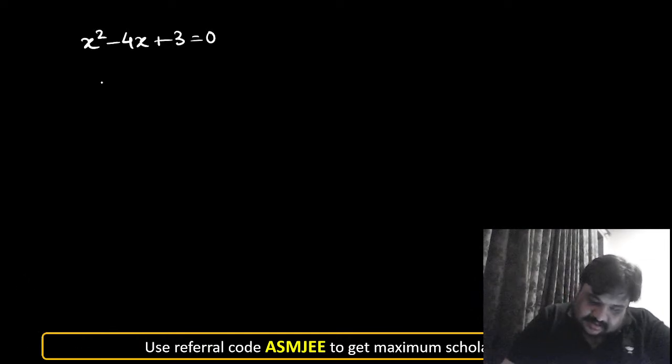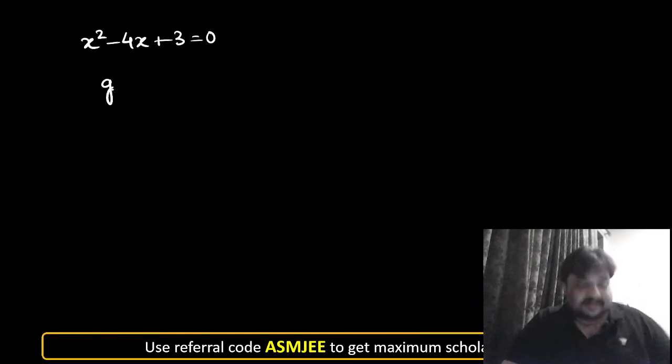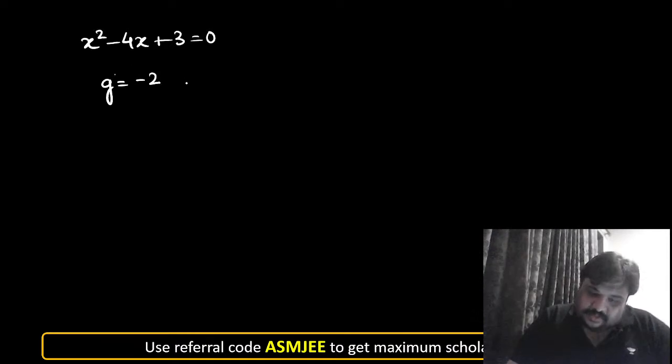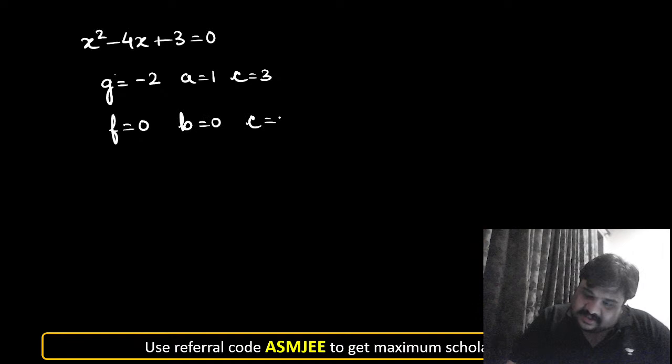Now see, you have g. The mistake, Abhishek, the thing that you asked, most of the books have made this mistake. Now see, g is equal to -2, a is 1, and c is 3. f is equal to 0, b is equal to 0, and c is 3.